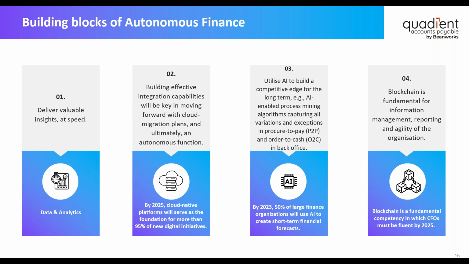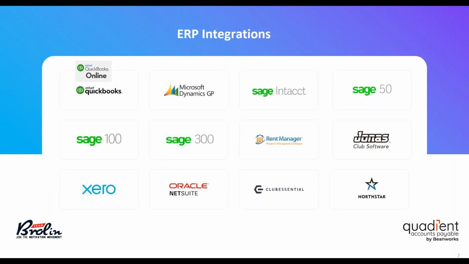I don't want to hang up too much on this one, but everybody always wants to know, what do you integrate with? So here we are. Yeah, exactly. Just like on the screen, most of these ERPs are pretty common ones that we see all the time.